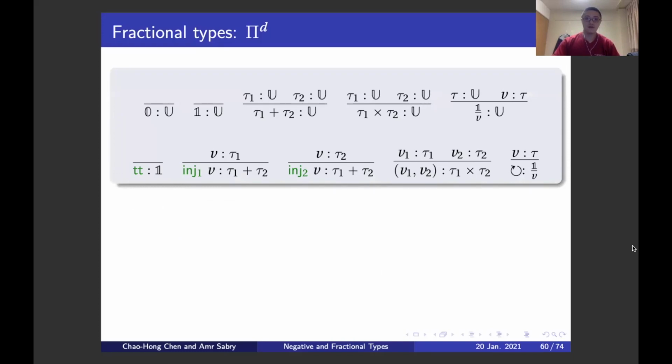So for the type system, we now add this pointed version of fractional types. And the inhabitant of this fractional type is just a token, since it does not contain any information because the information is already in the type.